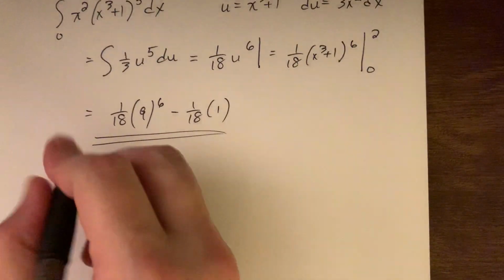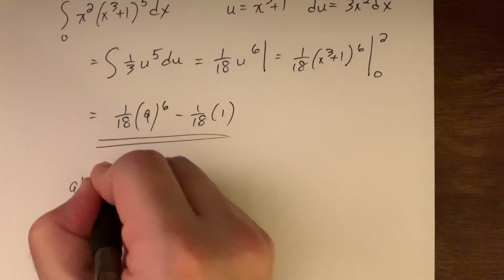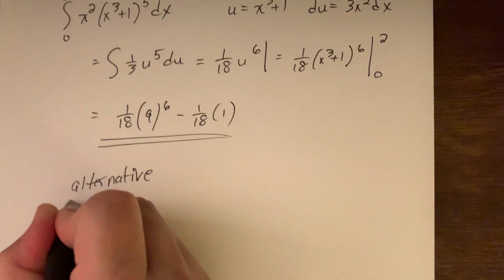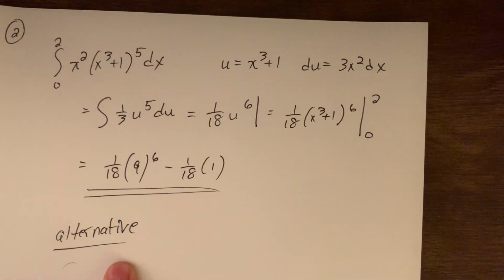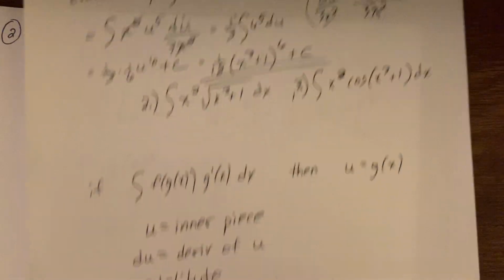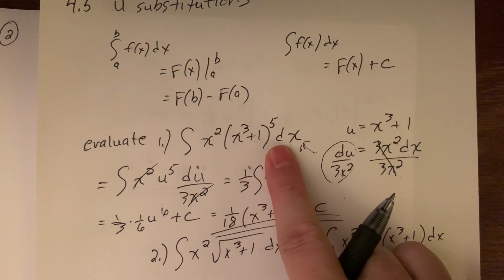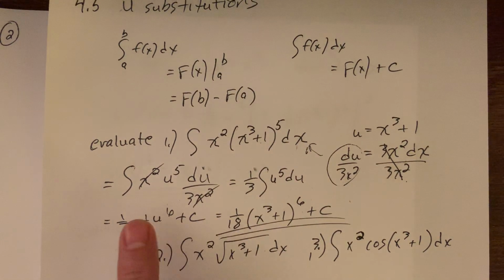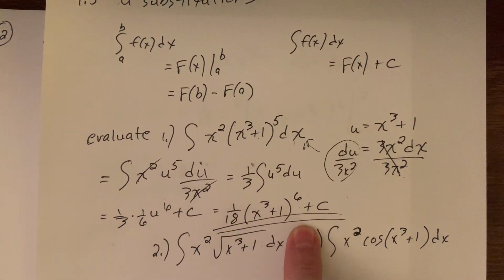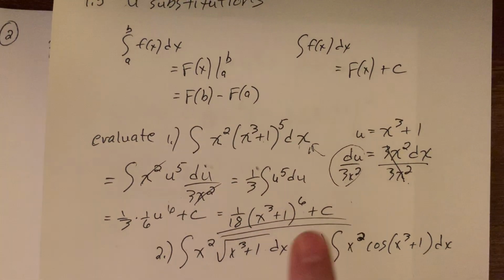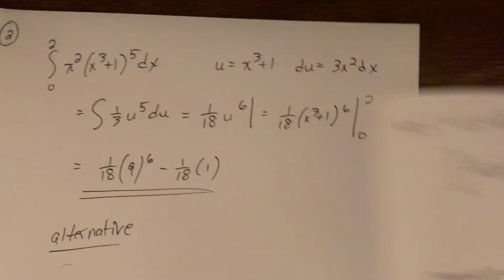The alternative. Some people hate this alternative because they really need to get used to the idea of back substituting. If you have an indefinite integral, there's no choice. You're not done here. You have to back sub and get it back to the original variable. And that is when you are done.